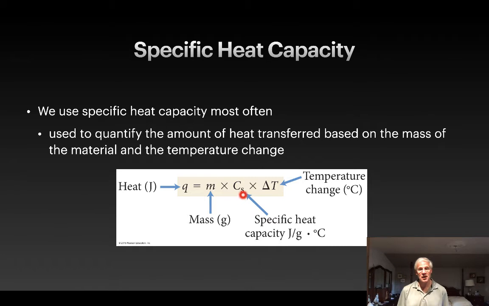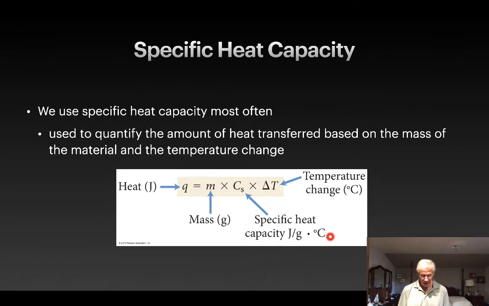Sometimes you'll see a little S down there that just means specific, means it's being done per gram. If you wanted the molar heat capacity, you might see C_m. Usually you'll see just C, and that will usually mean specific heat capacity because that's the more common measurement to use. So if you ever see me just write C, which I usually do, I'm talking about the specific heat capacity using the gram material.